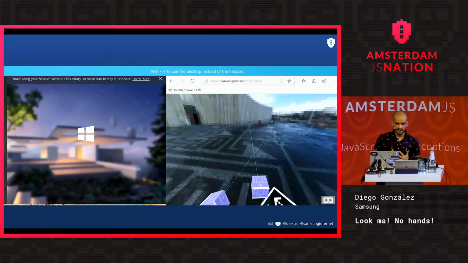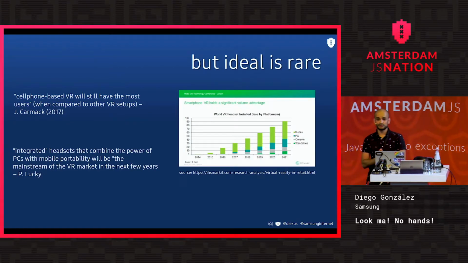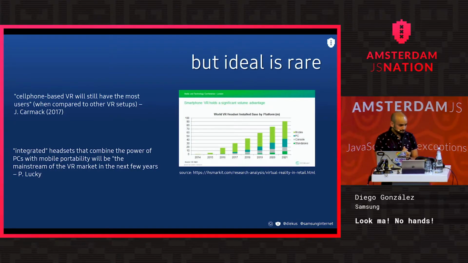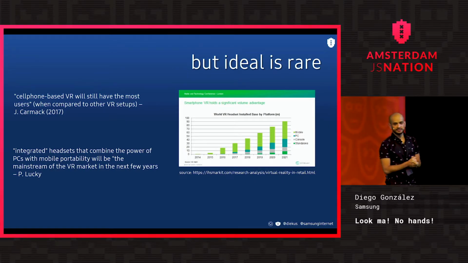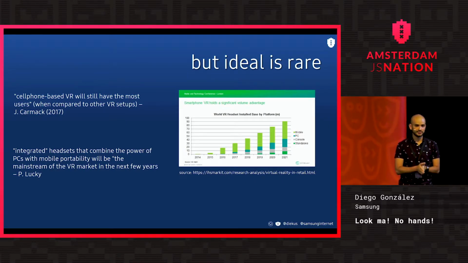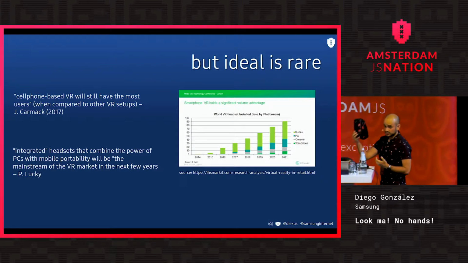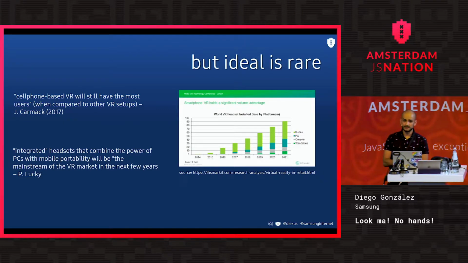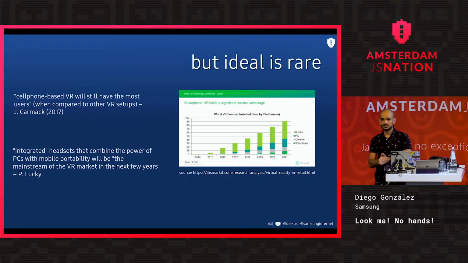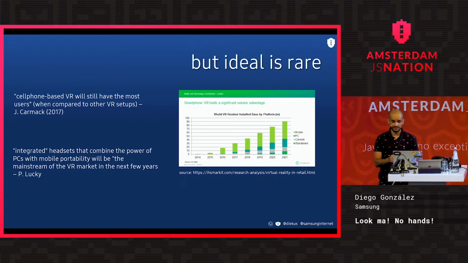But what we have to have in mind is that ideal is quite rare. There are probably more low-end devices. By low-end VR devices, I'm probably referring to Google Cardboards, Daydreams, and something like the Samsung Gear VR. There are more low-end devices out there, and people that have not tried VR, than actual 6 degrees of freedom.